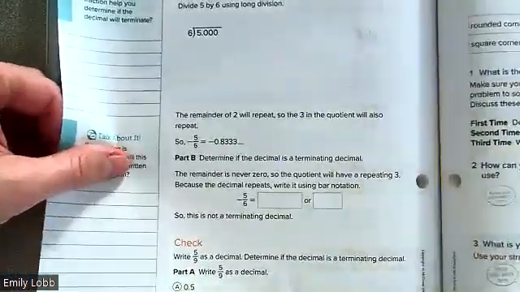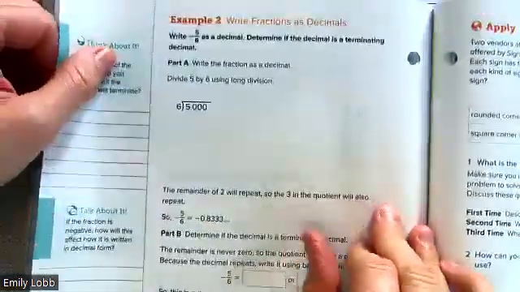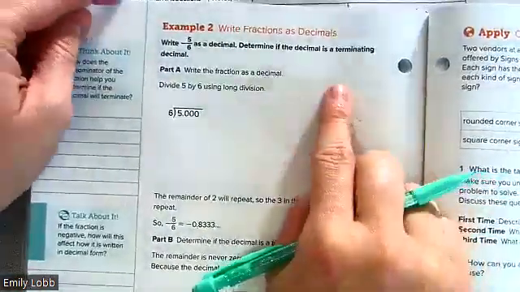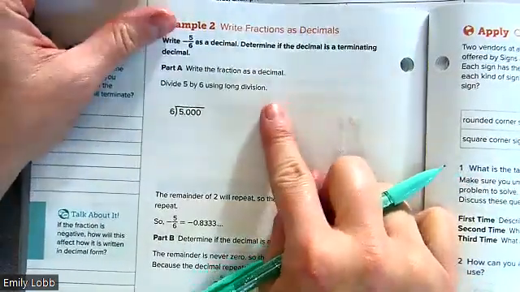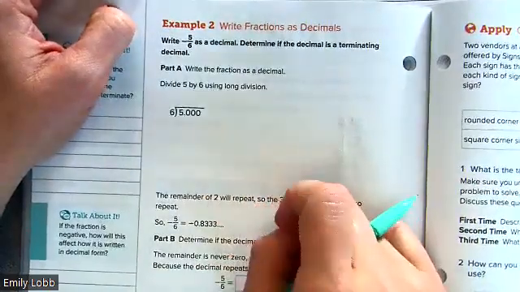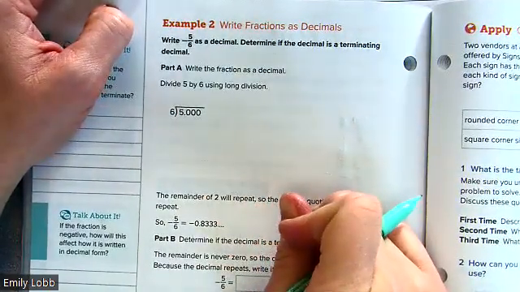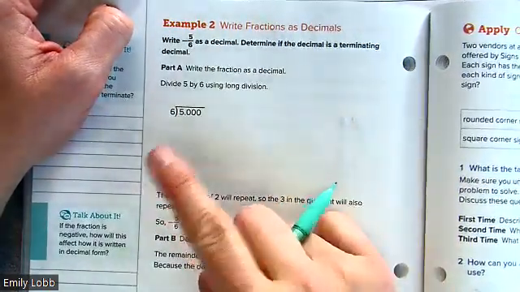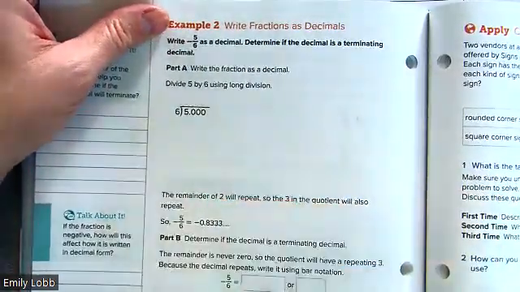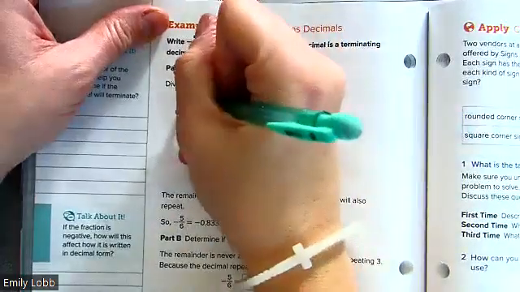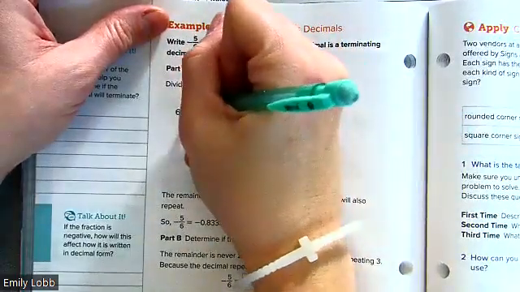Example 2. Write -5/6 as a decimal. Determine if the decimal is a terminating decimal. Write the fraction as a decimal. So remember, the bottom is always going into the top. So can 6 go into 5? No. Bring up your decimal.